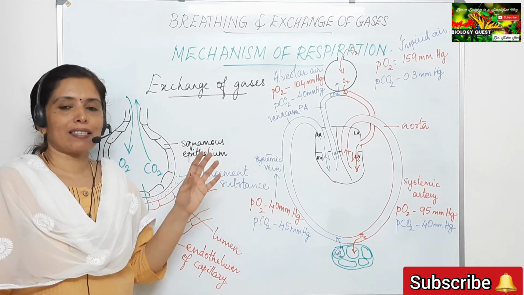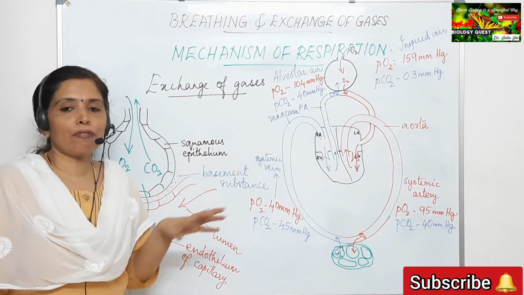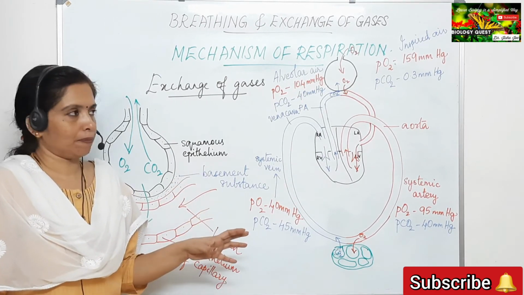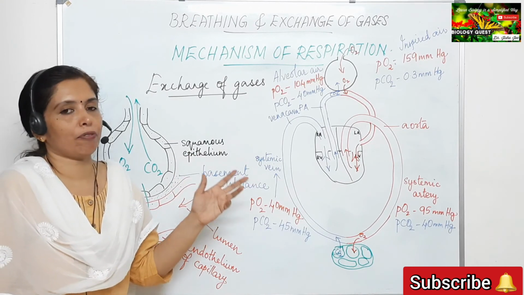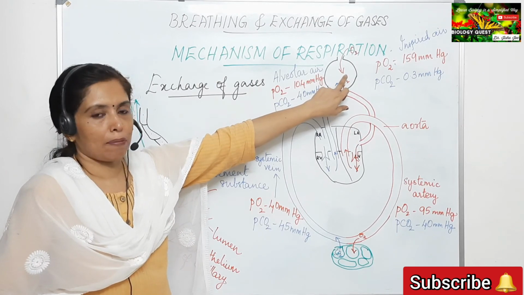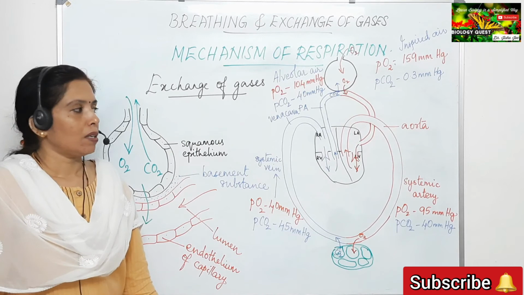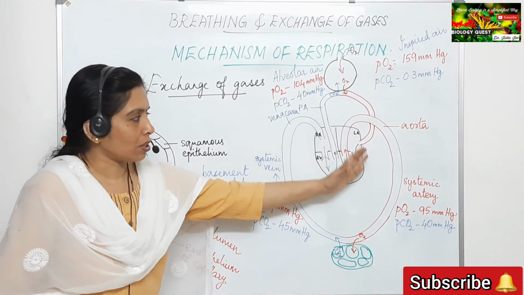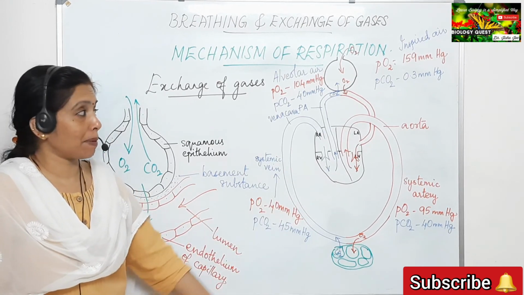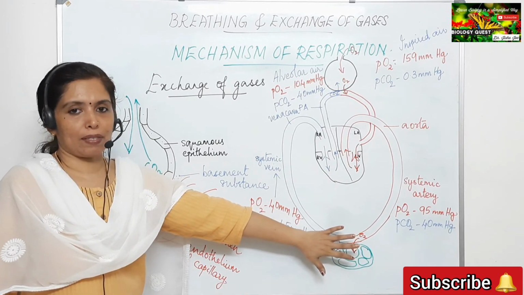Partial pressure is the pressure contributed by a gas in a mixture of gases. So, a gas, suppose oxygen, moves from a region of higher partial pressure to a region of lower partial pressure. Okay, so that is how exchange of gases, both oxygen and carbon dioxide, takes place across the alveolar surface as well as in the tissues.